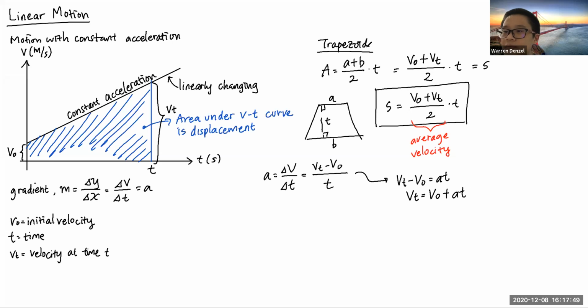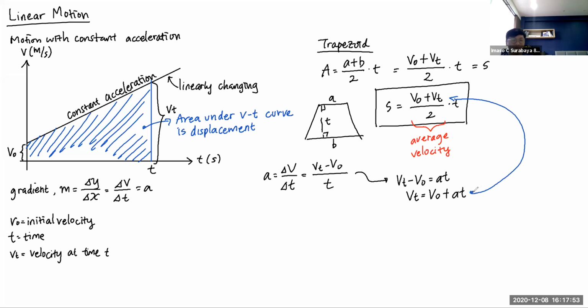And then we can substitute this one there. If we substitute, we get S equals (V0 plus V0 plus at) divided by 2 times t.